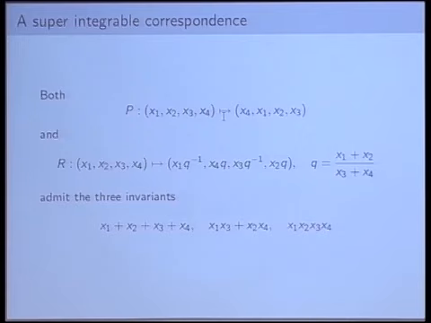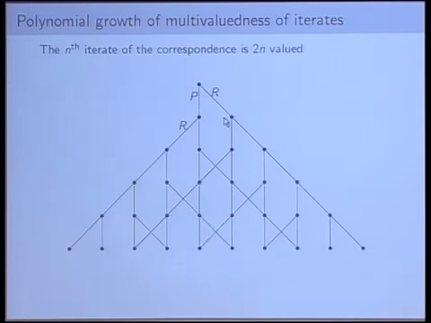And if you look at the growth of the number of images of the iterates of this correspondence, then it goes like this, which is a nice kind of growth. I haven't seen it before, and it's due to basically two relations between the P and the R, which you can see. So you start from a point, and you have two-valued mapping; R is always the diagonal ones, and the P's are the straight ones.